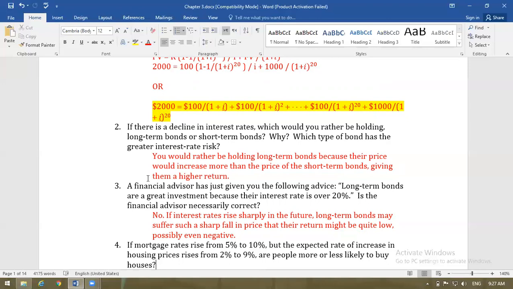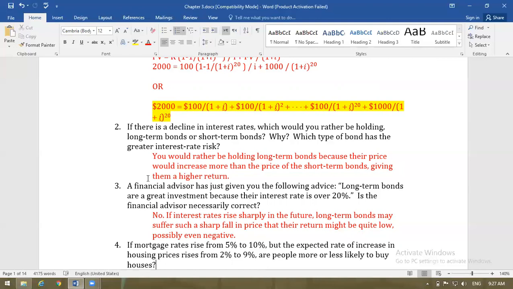If I compare questions 2 and 3, in question 2 the future prediction about the interest rate is given to you, that the interest rate will be decreasing. But here, a financial advisor is just giving you advice that long-term bonds give more interest as compared to short-term bonds.